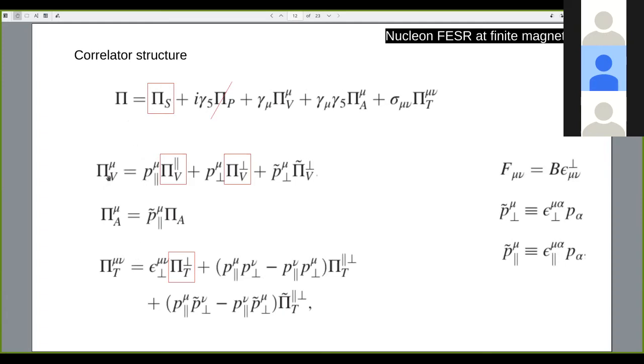The vector decomposition we can sub-decompose in the external momentum parallel to the magnetic field, perpendicular to the magnetic field, and contracted to the electromagnetic tensor F mu nu. And we will not consider this one, and one of the tensor structures will be considered, basically the one proportional to F mu nu.